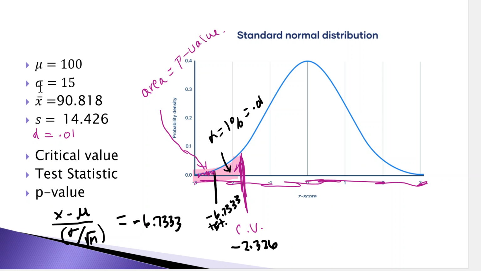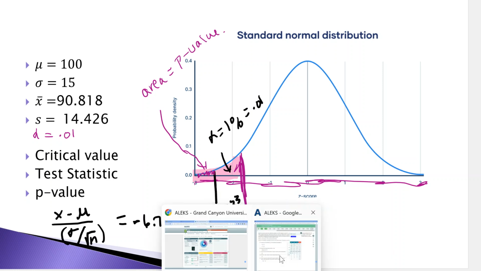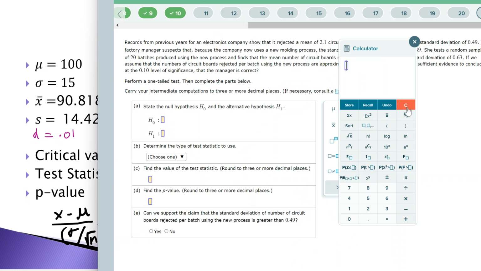So it's going to be the area that's to the left of negative 6.7333. Because it's an area, I'm going to use the probability. Let's pull up our little ALEKS calculator again. I want the probability that z is less than negative 6.7333, and that's 8.3 times 10 to the minus 12. See that minus 12 up there? 8.3 times 10 to the minus 12.